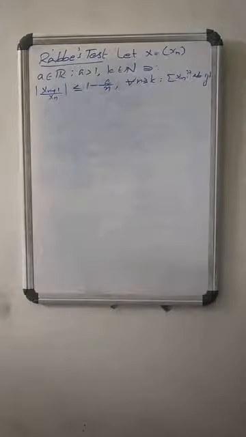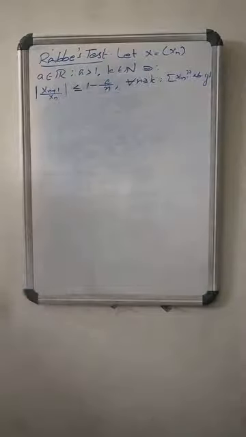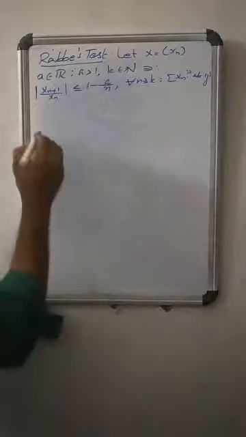Let x equals xn be a sequence of real numbers. A is any real number with a greater than 1. Then there exists a natural number k such that modulus of xn plus 1 by xn less than or equals 1 minus a by n for all n greater than or equals k, then sigma xn is absolutely convergent.